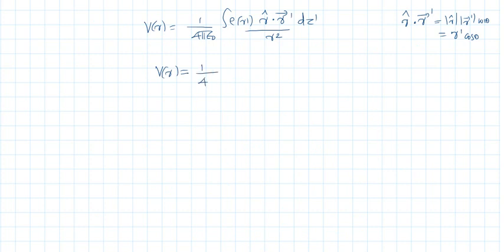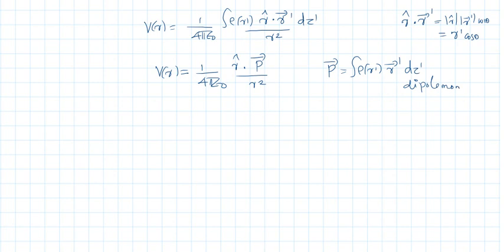So 1 by 4 pi epsilon 0 r cap dot p, I will write it as p divided by r square. What is p here? P is integral rho of r prime vector r prime d tau prime. It is called a dipole moment.